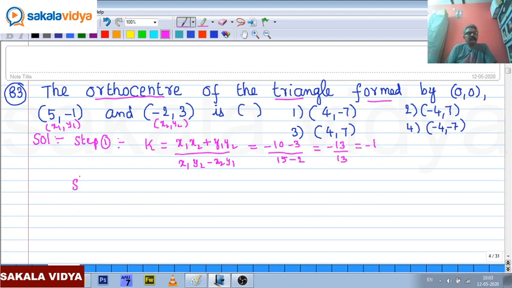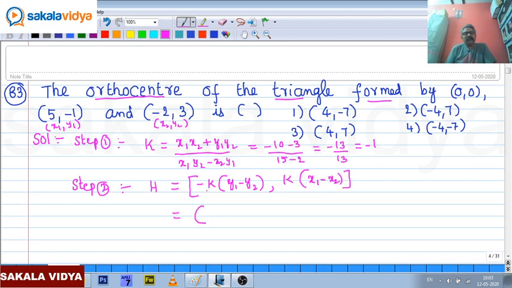Now step 2. The orthocenter H is equal to, directly we can write, minus K times (y1 minus y2), comma, K times (x1 minus x2). K means minus 1 here.